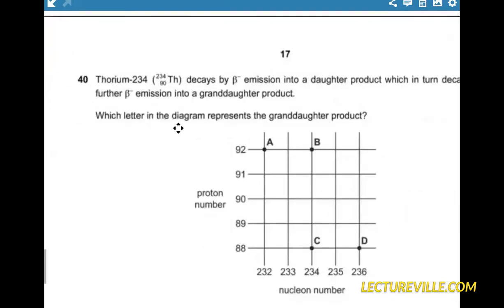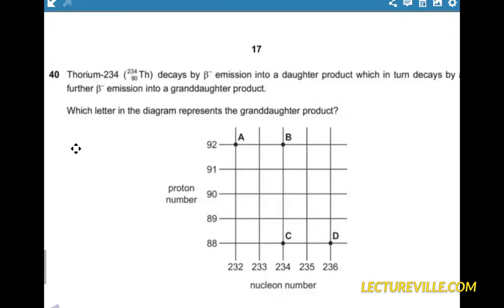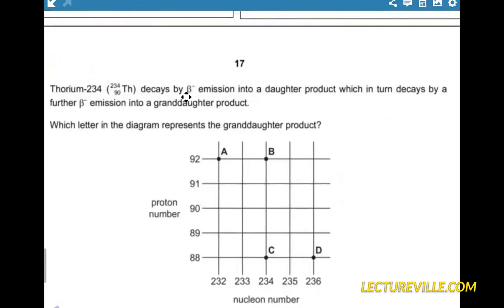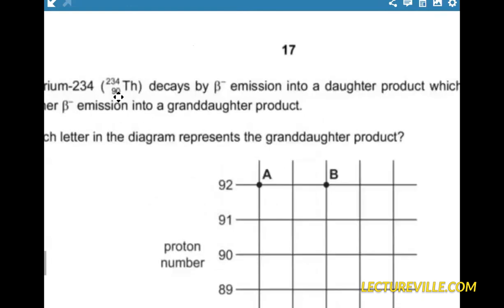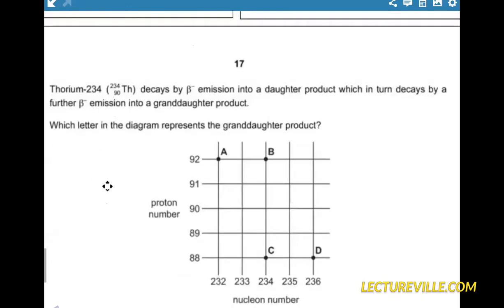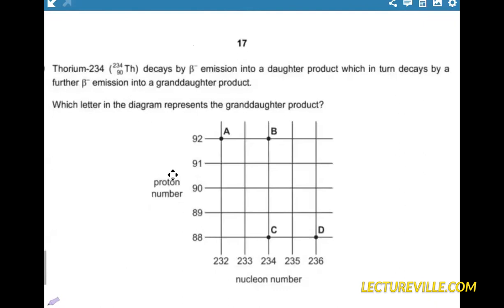So nucleon number should stay 234. So answer is either B or C. The proton number is 90. And what happens when a beta minus particle comes out? The proton number increases by 1. Another beta particle goes out, the proton number increases by 1 again. So the final proton number should be 92. So answer should be B.